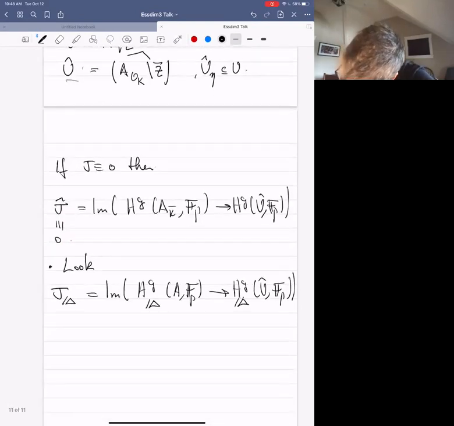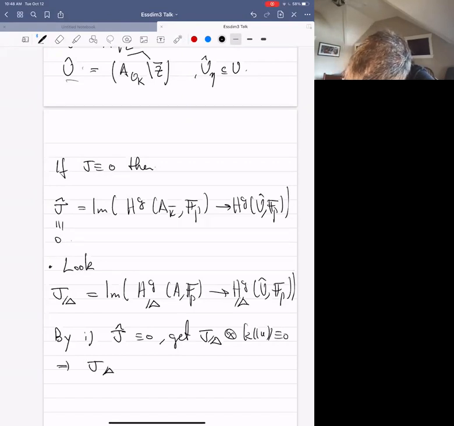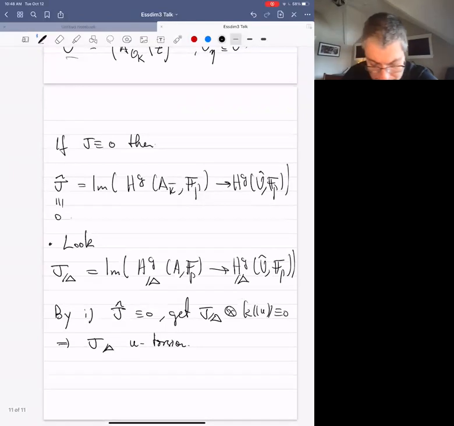So by property 1, since J hat is 0, I get that J delta, when I invert u, must be 0, okay? So this tells me that J delta must be u-torsion. So every element is killed by some power of u.